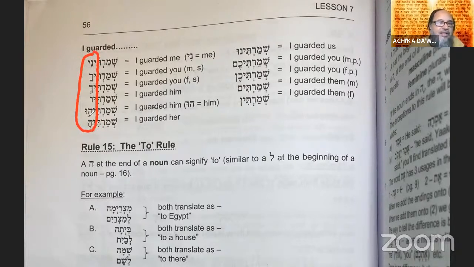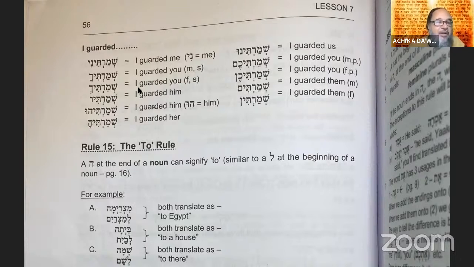If you hear these things, all I did was say shamartini, shamartini, shamartini. Ni is me. I'll say shamartika, ka is you, masculine. Shamartik is you, female. I guarded you, female, okay? Shamarte, you have to try to get that sound in there, but it's hard.